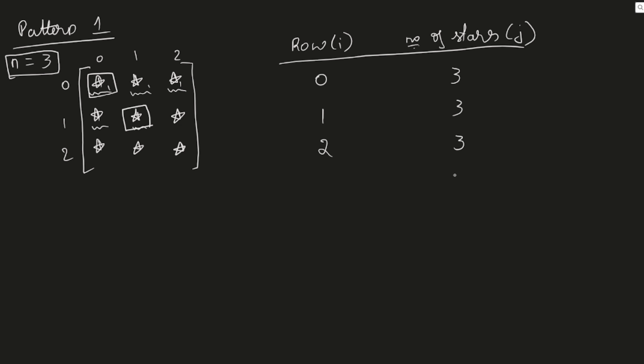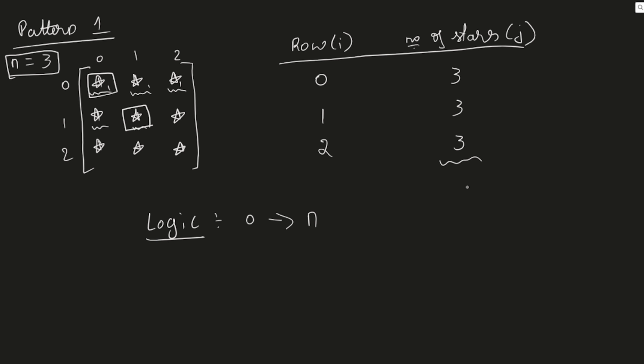Now let us try to build the logic on this number of stars. This is what we need to print, right? So we will be building the logic on this number of stars. We know i starts from 0 and goes till n, so we don't need a logic for this.